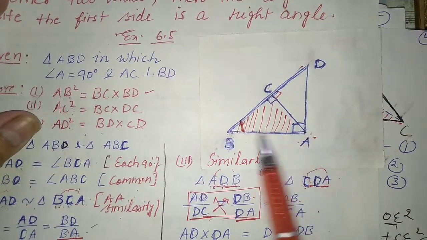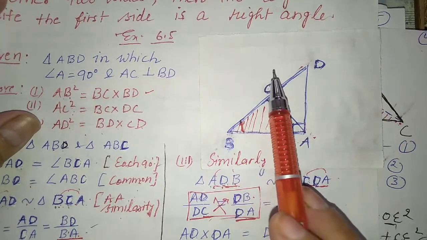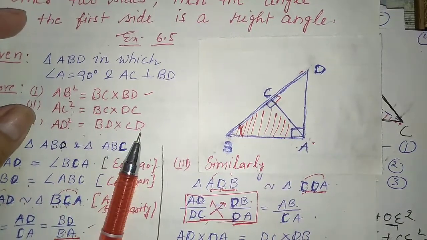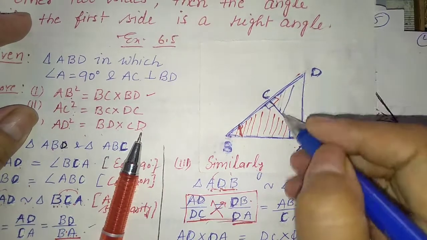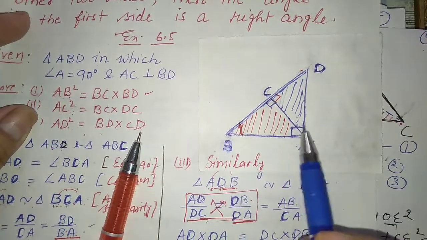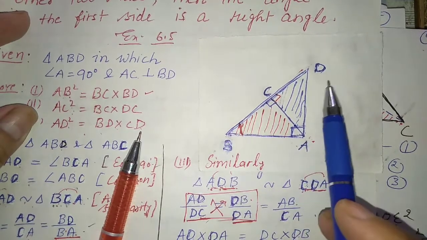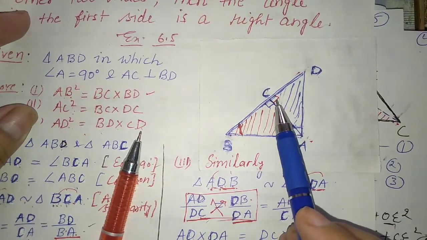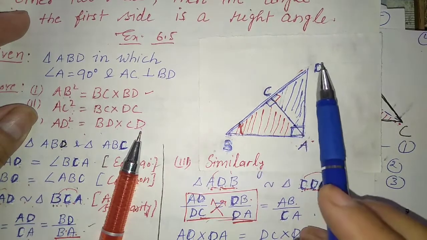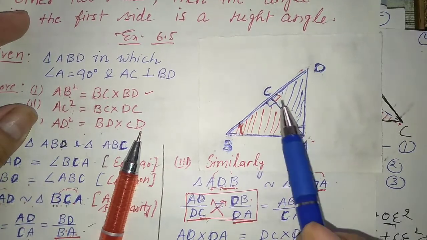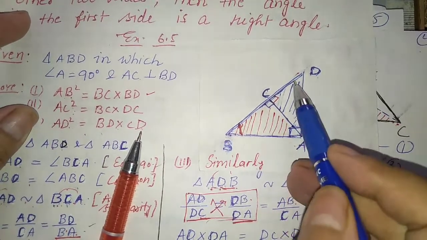So here is ABC, the whole triangle, and this time we will choose triangle ACD. We can see angle A is 90 in triangle BAD, and angle C is 90 in triangle DCA. So this is 90 and angle D is common.